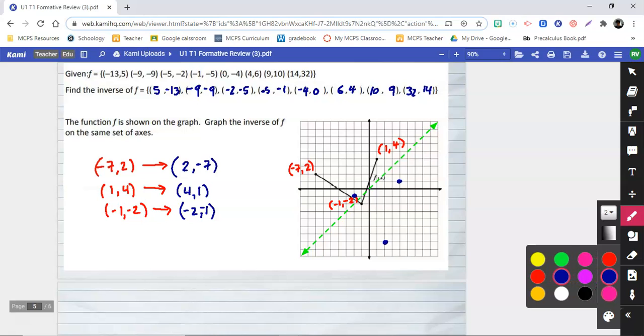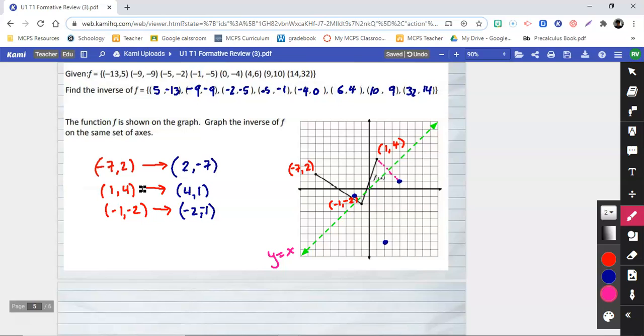Now, how will you know that our points are really the inverse of the given original points? You're going to have to make sure that the points are reflected over the line y equals x. This is going to be our line of symmetry.